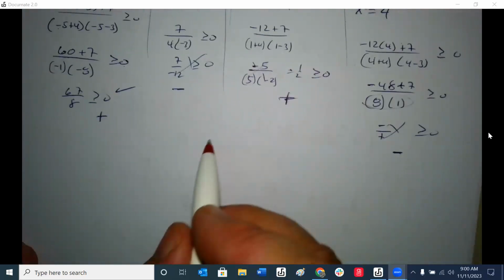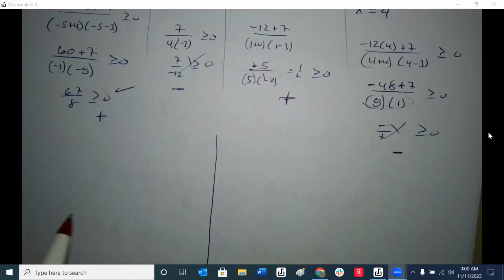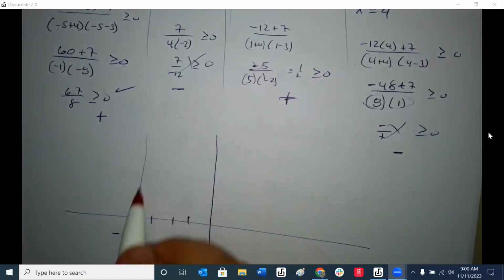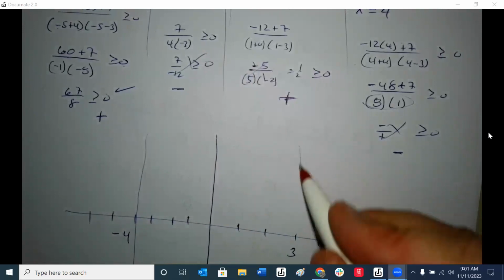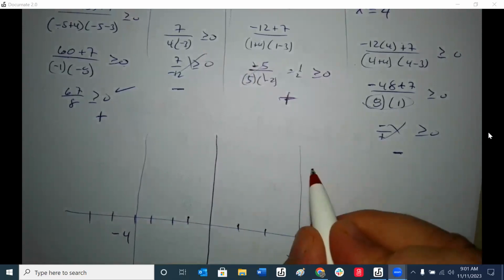Okay, we want only the graph that's above. So let's look at what the graph really looks like. So we have a vertical asymptote here. We have a vertical asymptote here.